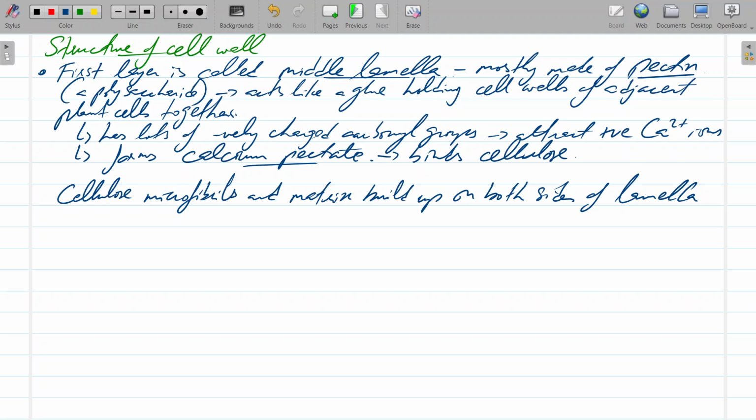And so initially, right, the walls are very flexible.